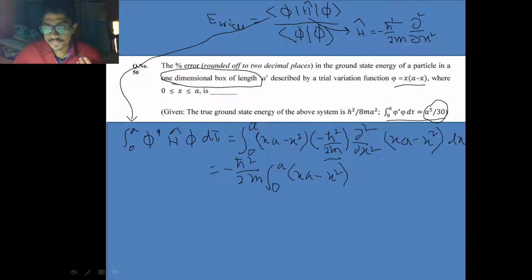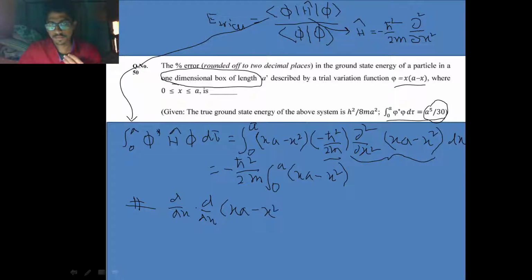After that, what is this derivative of del square upon del x square into x(a minus x)? Not the integral, but the derivative. If we try to solve this derivative, at first we split it into d/dx and d/dx of x(a minus x).